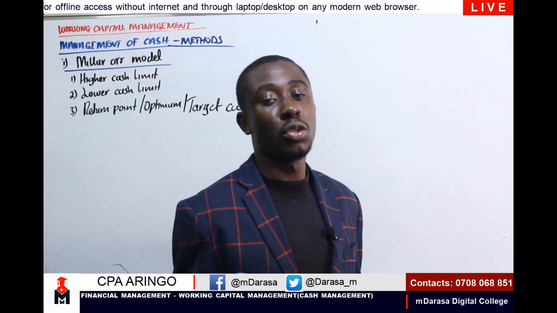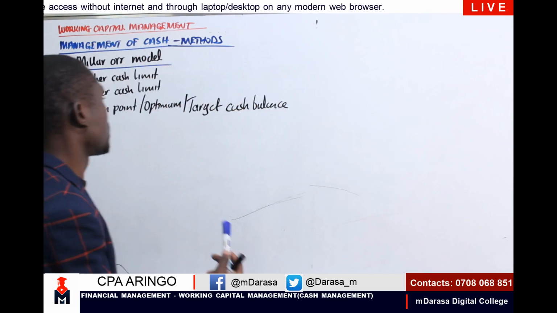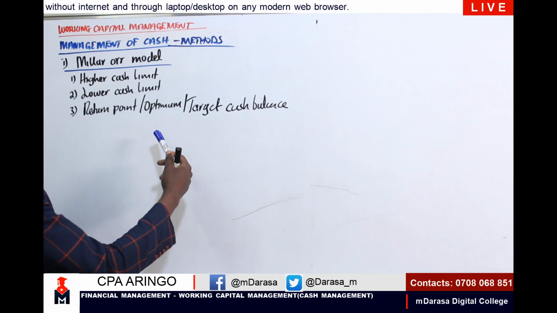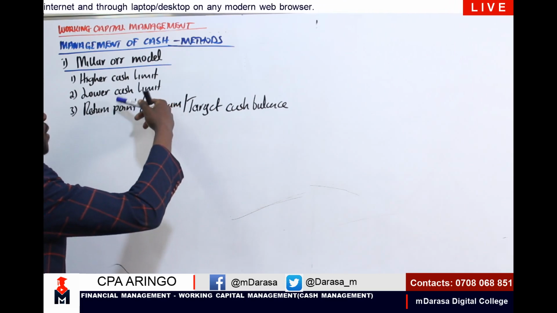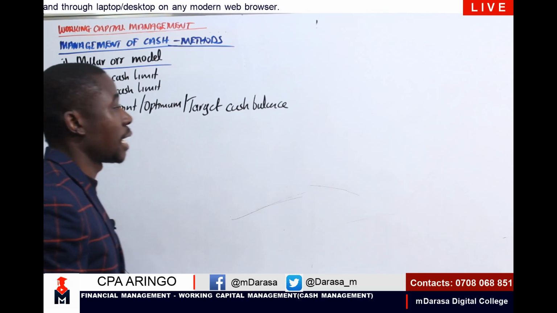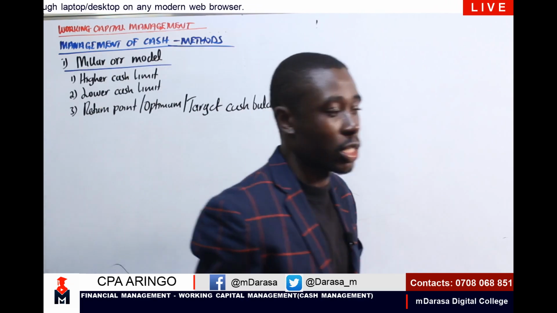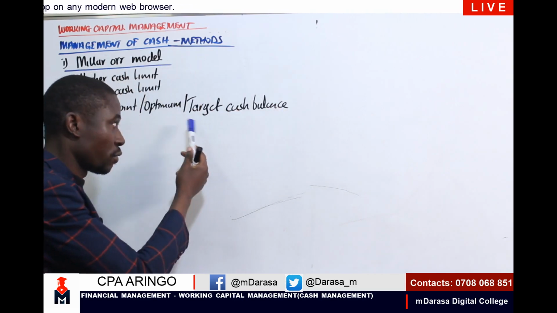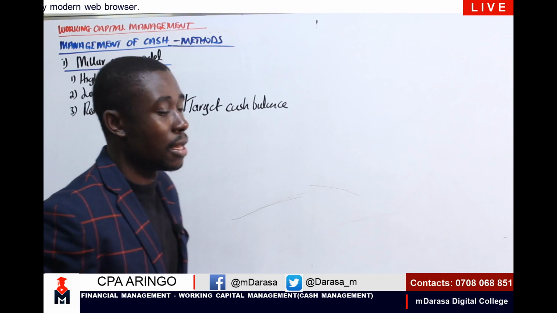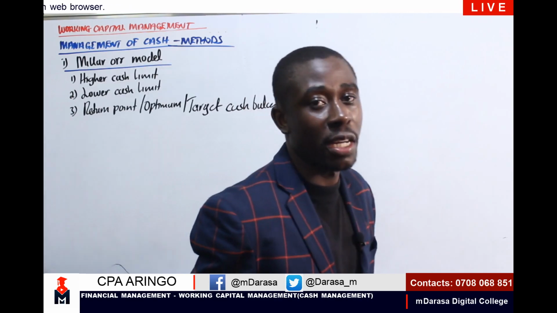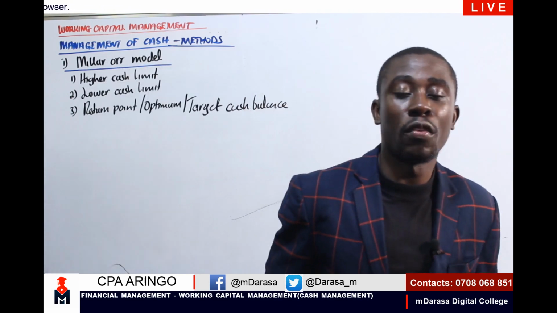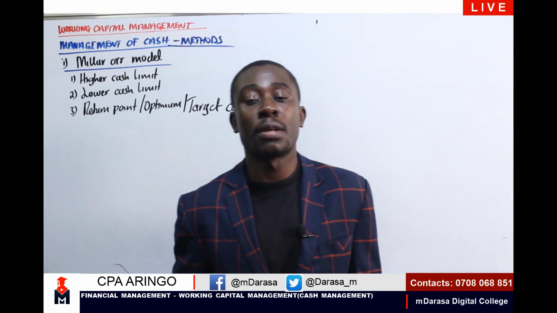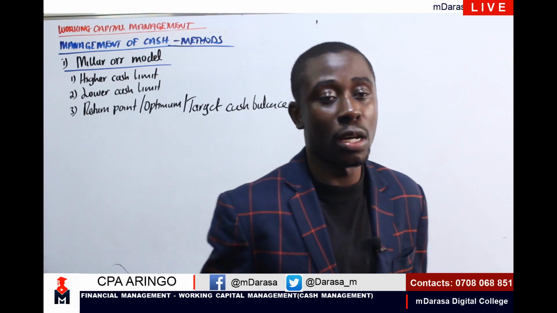Because recall at this point you say that many a times the firm will always tend to make sure that this cash is fluctuating between lower and higher cash limit, right? So we are saying that for us to achieve this optimum balance, which you are referring to as a return point, it is always going to be expressed as a third of spread.